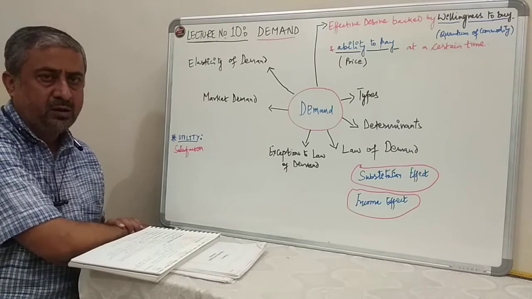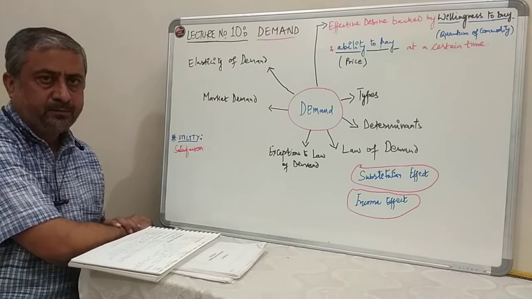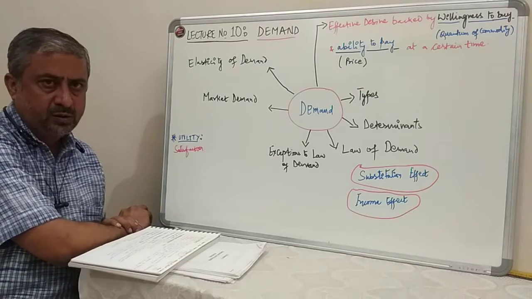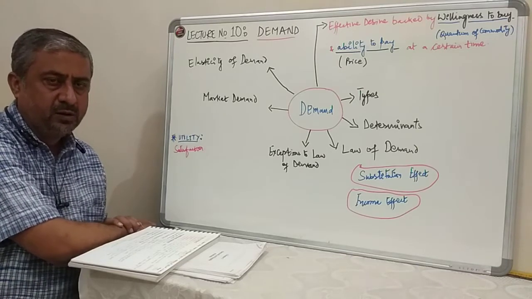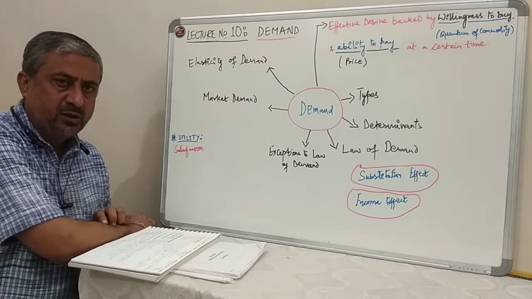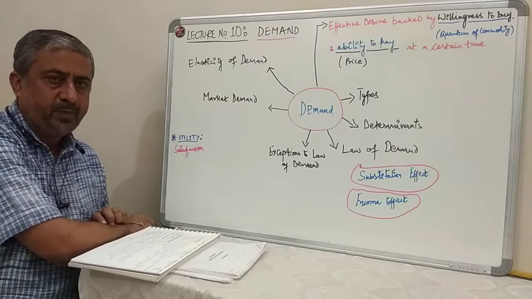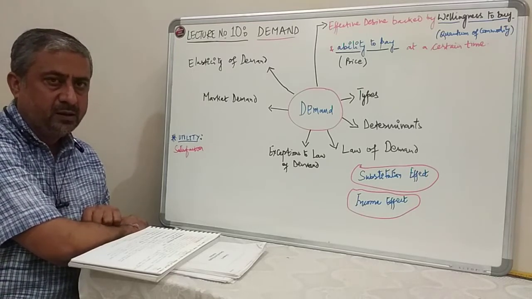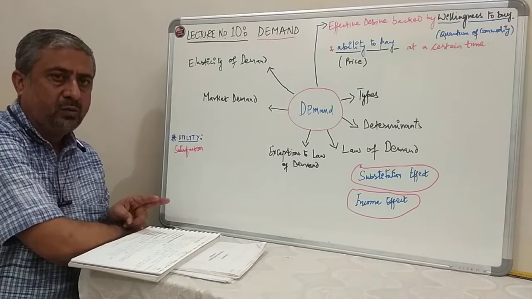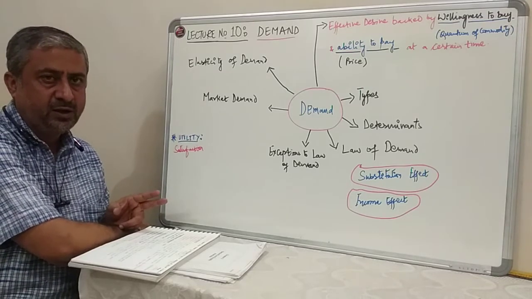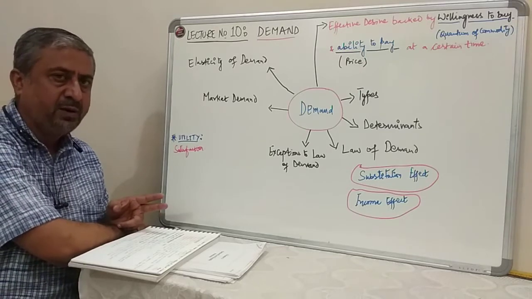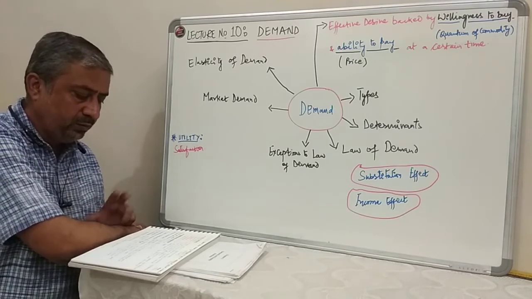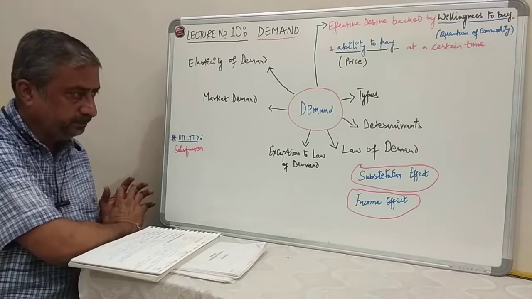They are liquid drinks, not soft drinks, liquid drinks. But they are competing with each other. Both products are different, yet they compete with each other. Like tea and coffee. Both are beverages. Soft drinks and juices, tea and coffee, these are beverages. But both products are competing with each other. So this is what we call competing demand.